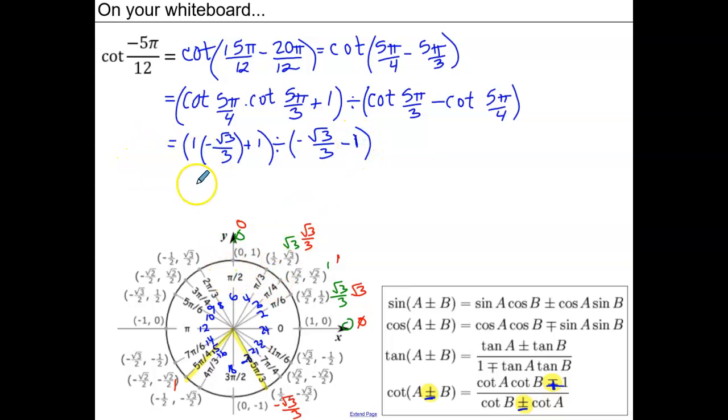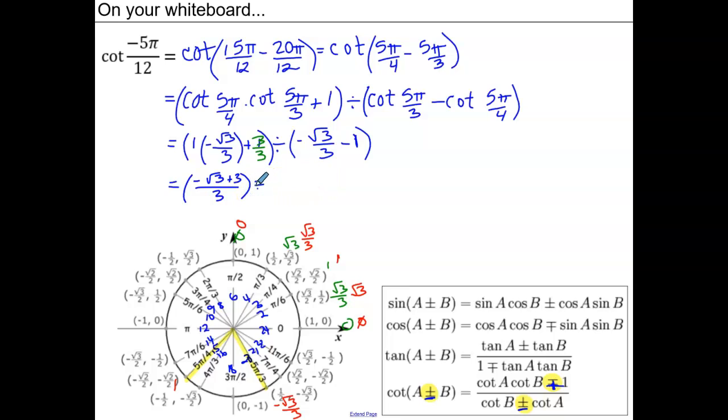Okay, now we can simplify. 1 times negative root 3 over 3 is negative root 3 over 3, and then that's plus a 1. We're going to need a common denominator, so we'll change 1 into 3 over 3, and that's going to give us negative square root of 3 plus 3 in the numerator and a 3 in the denominator.